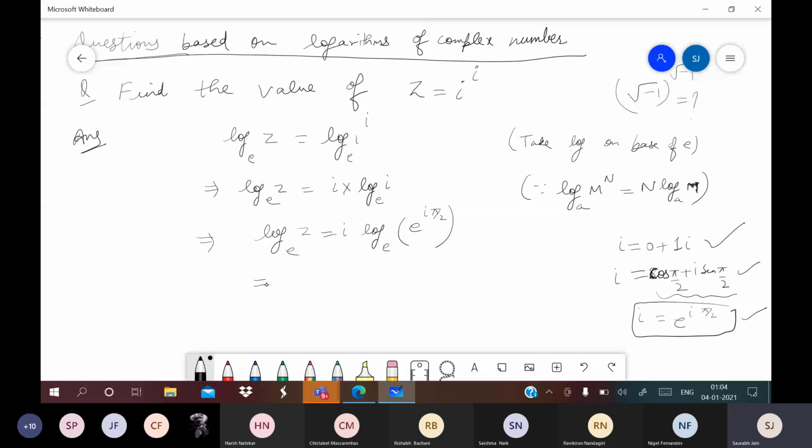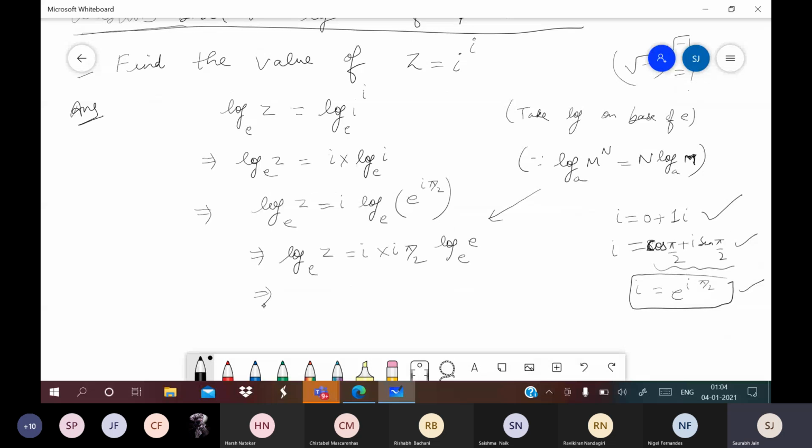Now what's the next step? Again this power will come in multiplication, so this iota pi by 2 will come here, and what will be left? Log e base e. Same step. Now log z base e: iota square is -1, so minus pi by 2, and what is log e base e?